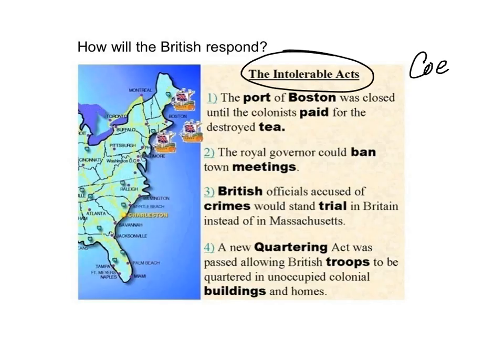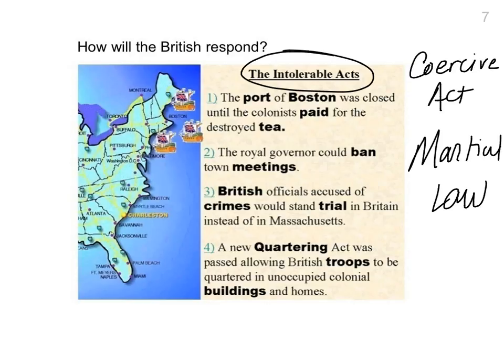These are also known as the Coercive Acts, in which they put Massachusetts under martial law. This is important to understand. The port is closed. All public town hall meetings are stopped. They lose their charter. Again, more troops.